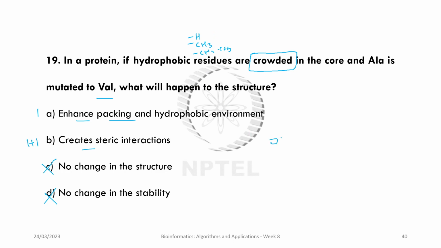in a tight core where there are so many residues packed? And if in this place, if this is alanine and this is replaced with valine, which is a little bigger, what will happen?